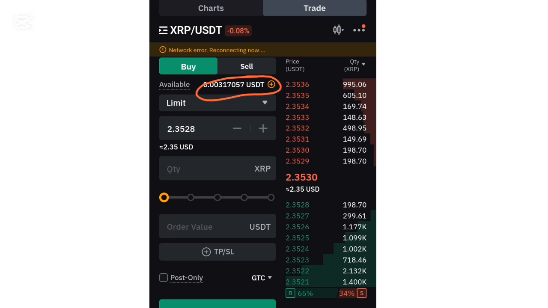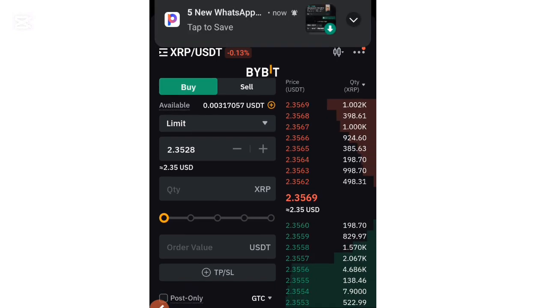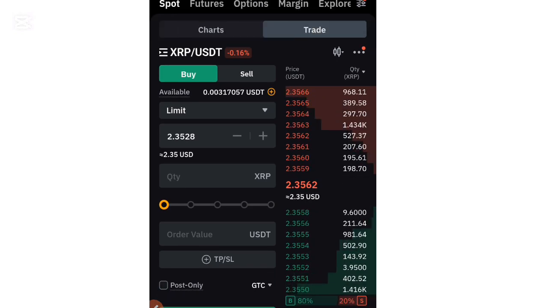But at this very point, as I'm making this video, I've used all my USDT to buy coins. So you are going to see it over there, and then from there you are going to be using it to trade.